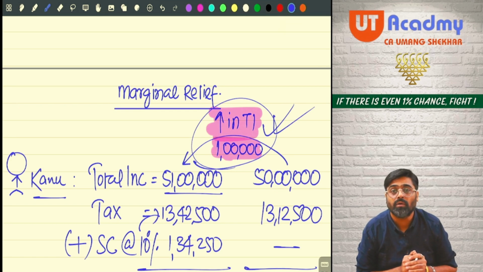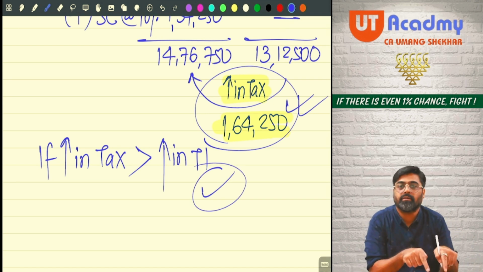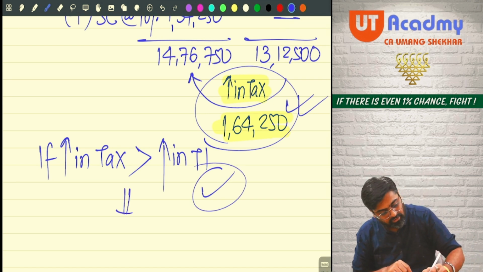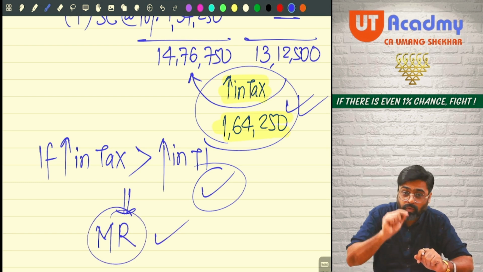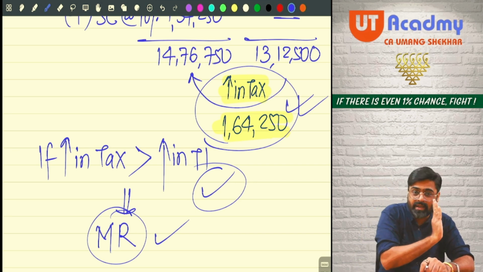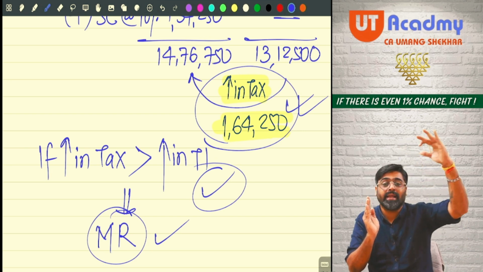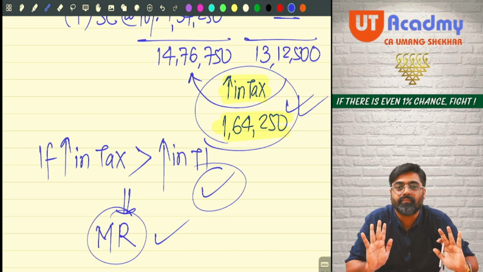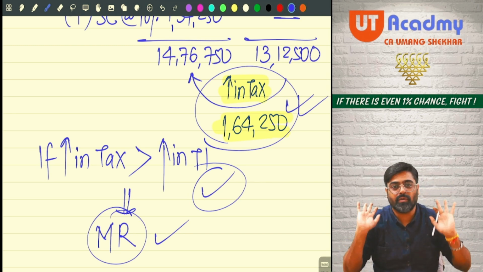Yes or no? Is this equation right or wrong? Right. Hence, Kanu will be eligible to get marginal relief. So to get the marginal relief, this is the precondition, that the increase in your tax liability should be more than the increase in your total income. Hence, marginal relief will be given.